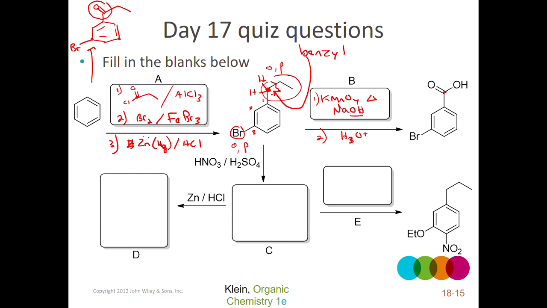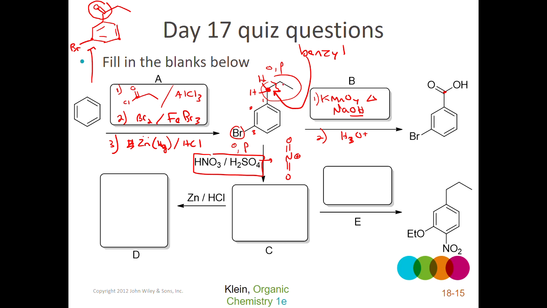If I do have this structure and I use nitration conditions, the nitric acid and sulfuric acid should form a nitronium ion, and then the ring will attack that. So the question is, where will that nitronium ion end up getting positioned?